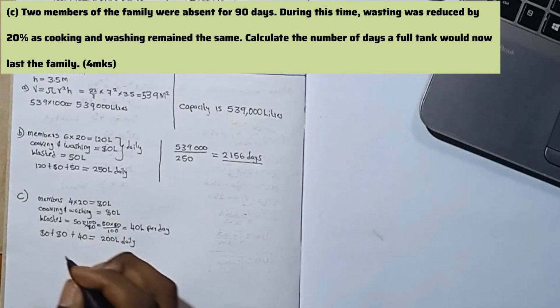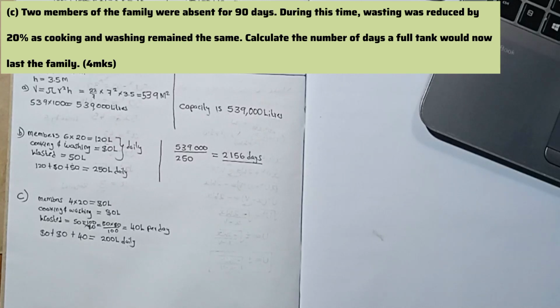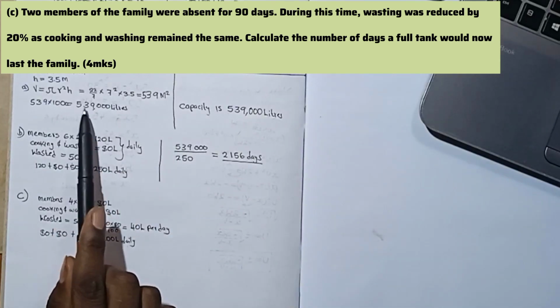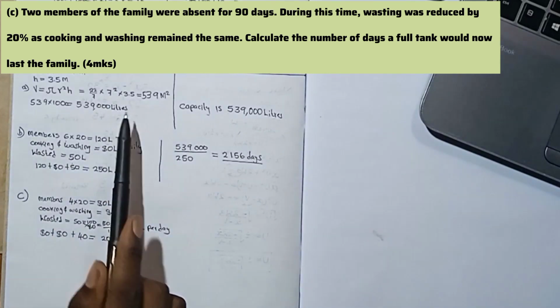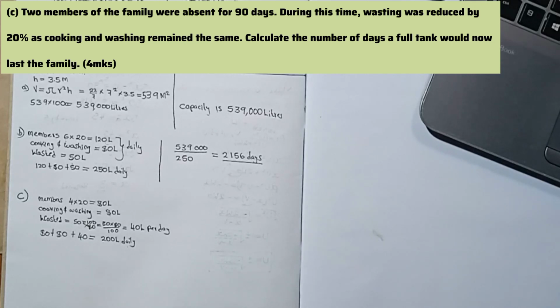To get the total amount of water remaining in the tank after those 90 days, we are going to find the total amount in liters that was consumed in those 90 days, then we subtract from the full tank. Then we get the amount in liters that is remaining inside the tank.